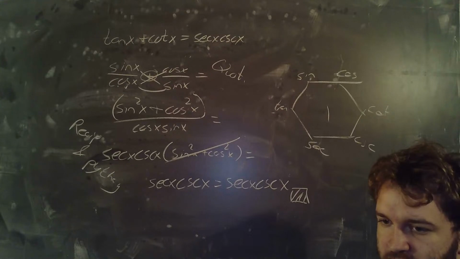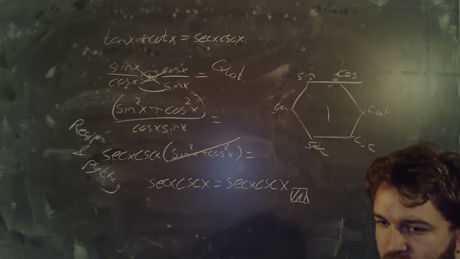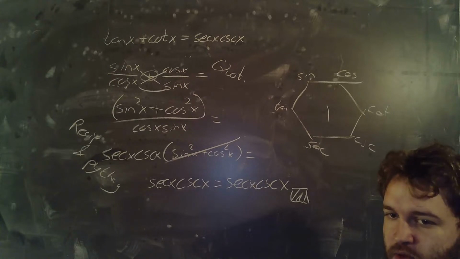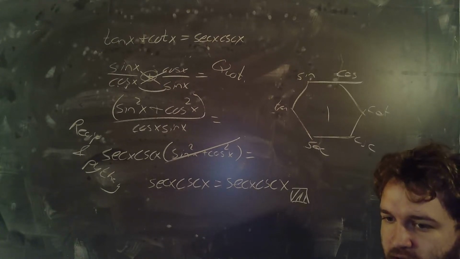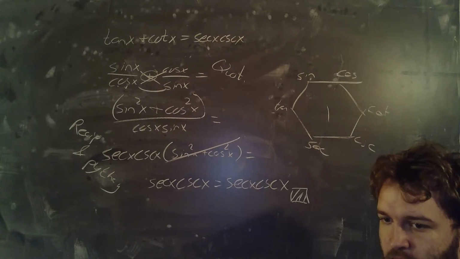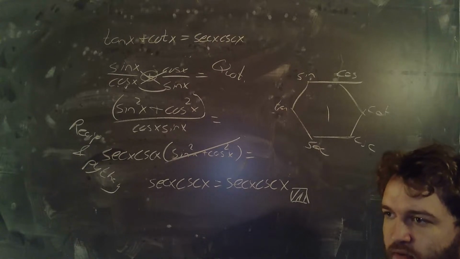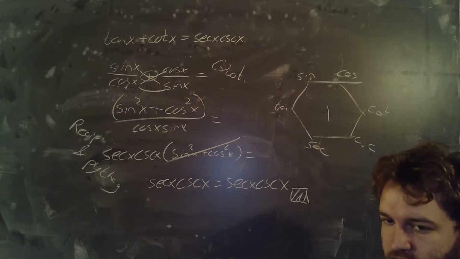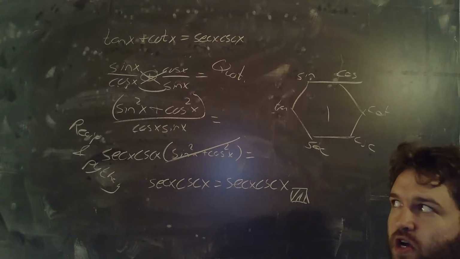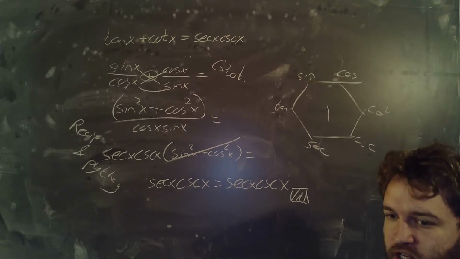All right, let me answer the easier question first. How do I move the sine and the cosine to the top? Anytime you have a fraction that has a trig ratio on the bottom, you're entitled to move the trig ratio from the denominator to the top, provided that you change it into the reciprocal of that trig function. So if you move a cotangent from the bottom of the fraction bar to the top, it becomes tangent.